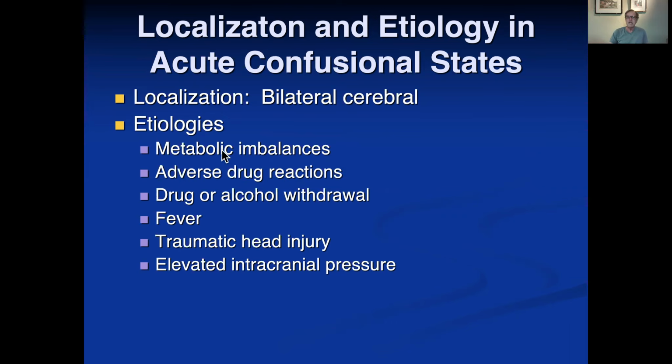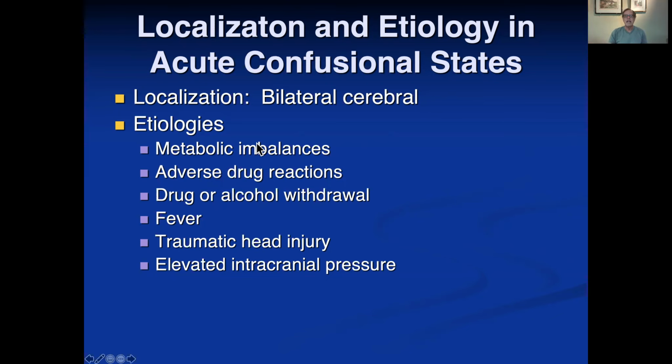And the etiologies include metabolic imbalances. Remember the chloride ion and the sodium ion and the potassium ion and how they're involved in the action potential? Those can get off if your kidneys aren't working right, or if you become dehydrated. And when they get off balance, your brain doesn't work.